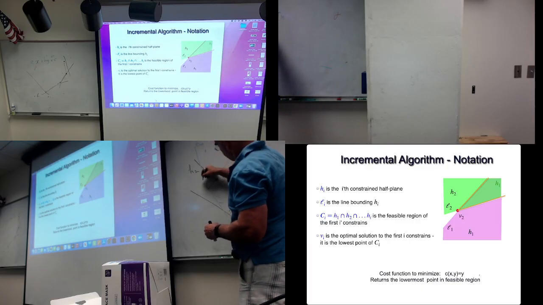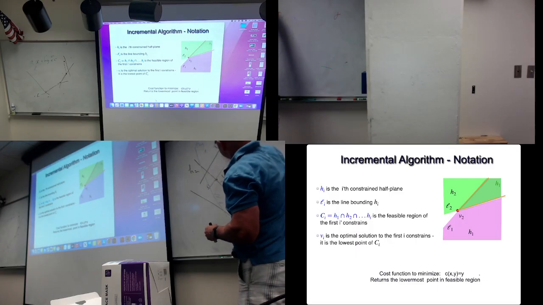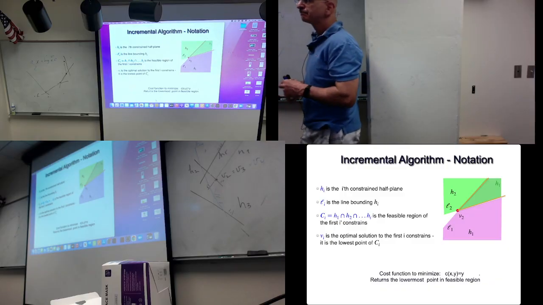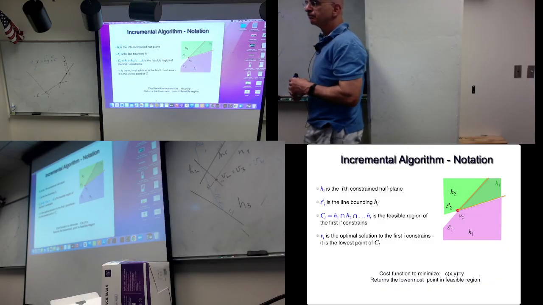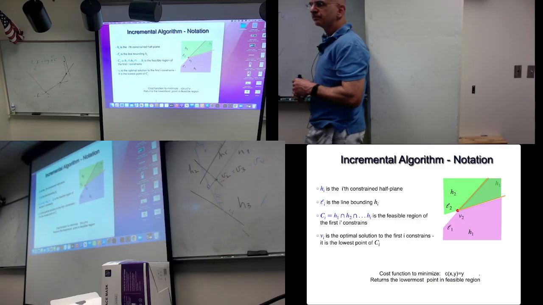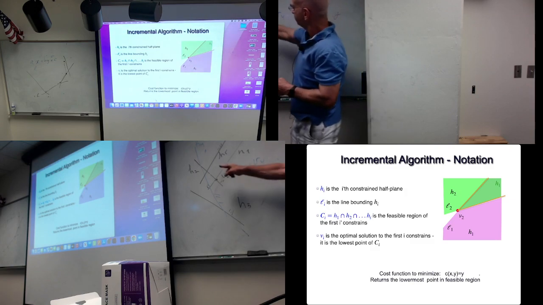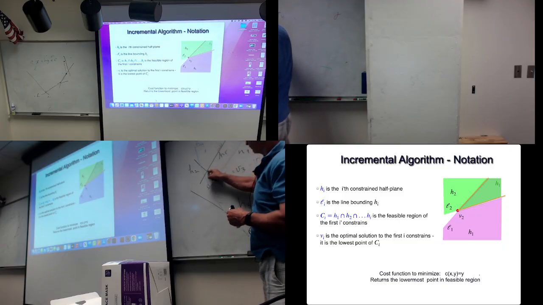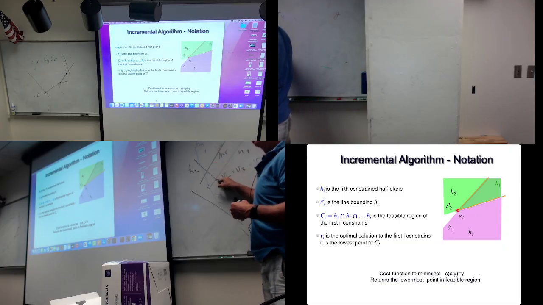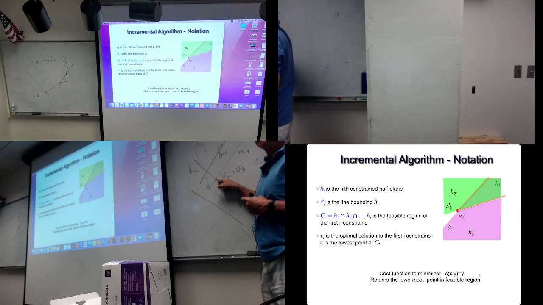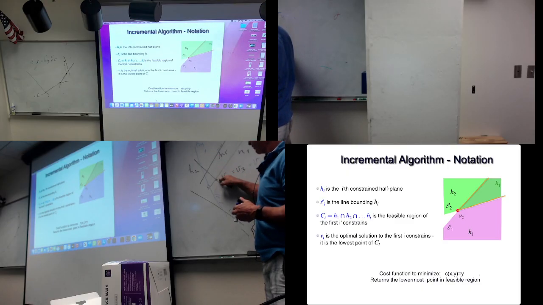A little bit more. H5. Sorry, V5. It's the intersection of H5 and H2. I know that I need to change V2 because it doesn't agree with the previous solution. H5 violates V2.